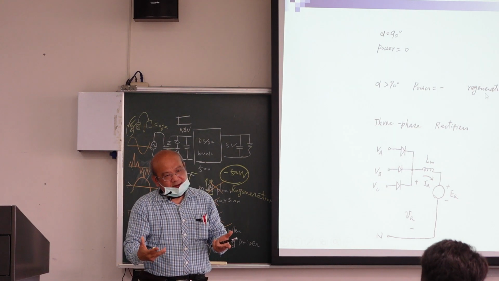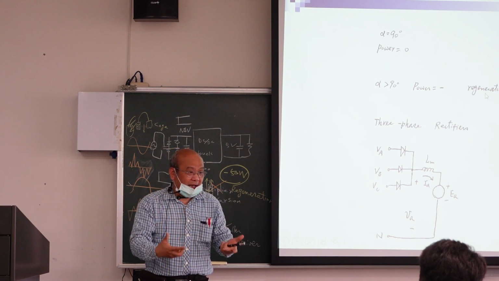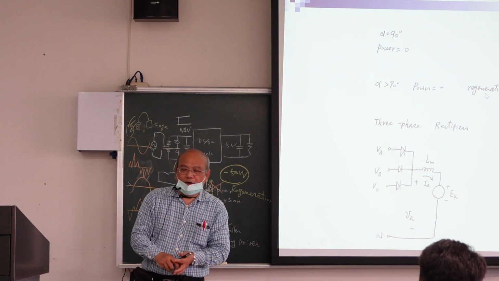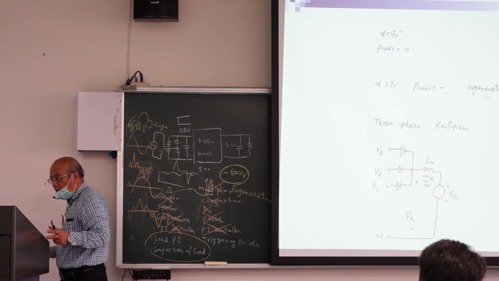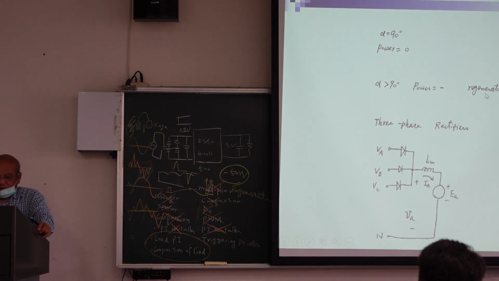What does this mean? This is energy regeneration. So if we control the motor, sometimes we have to get the energy from the source. Sometimes we can supply energy back to the source. Then the Taiwan Power Company should pay you money, so you can save energy.